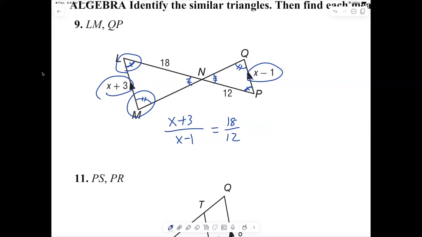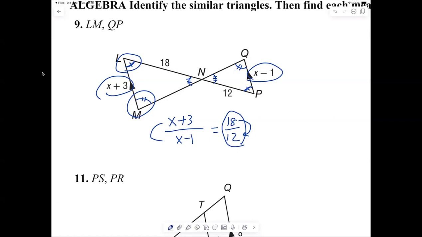Now they can throw you off easily just by twisting the shape and twisting the triangles and flipping them and doing all kinds of things. Everybody with me? That's why I like to label the angles and say the side is between these tick marks. So x plus 3, you're supposed to tell me, corresponds to what? x minus 1. Does everybody agree with that? And 18 corresponds to what? 12.